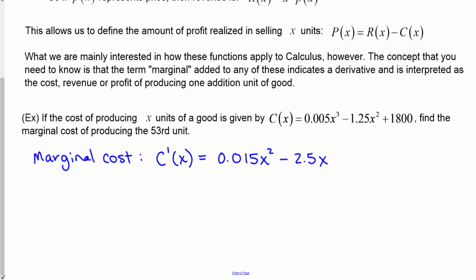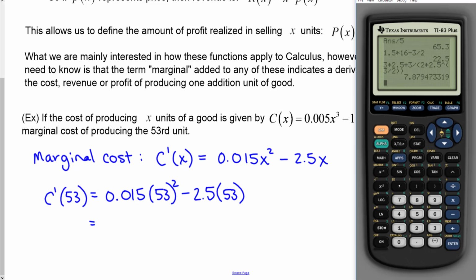Then the derivative of 1800 is 0. So the marginal cost of producing the 53rd unit would be 0.015 times 53 squared minus 2.5 times 53.